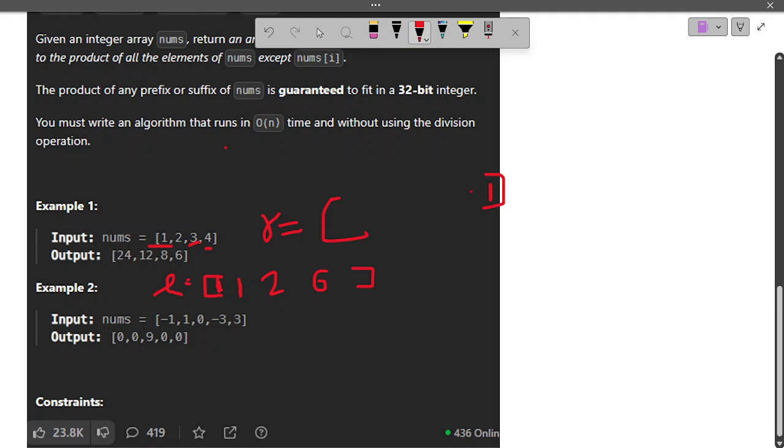The product of all the right elements of 3 is 4. The product of all the right of 2 is 12. The product of all the right of 1 is 4 times 3 is 12, times 2 is 24. So now you get the left products and the right products in array form.